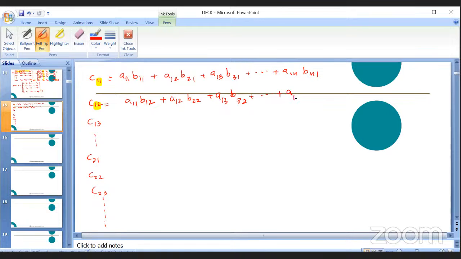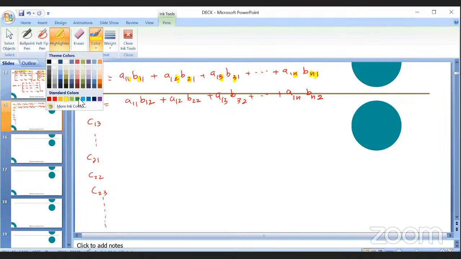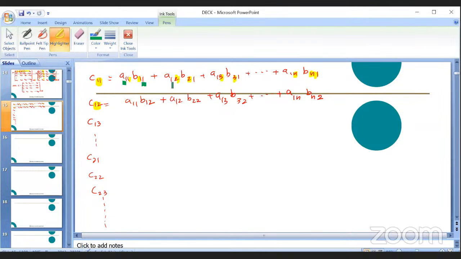So on, A1N, BN2. So when you multiply, you see here 1, 2, 2, 3, 3, N, N. And apart from that, what you can see here? 1, 1, 1, 1, 1, 1, 1, 1.